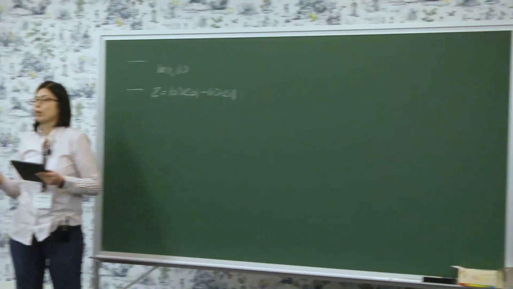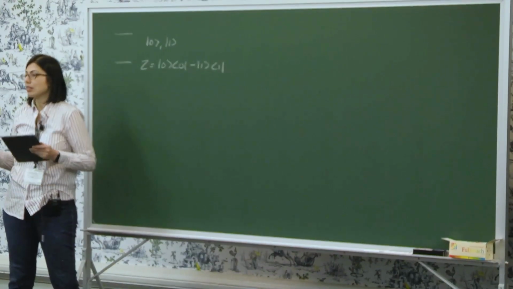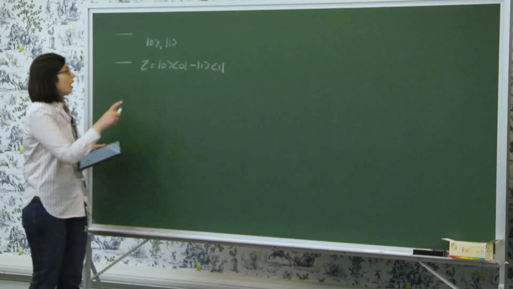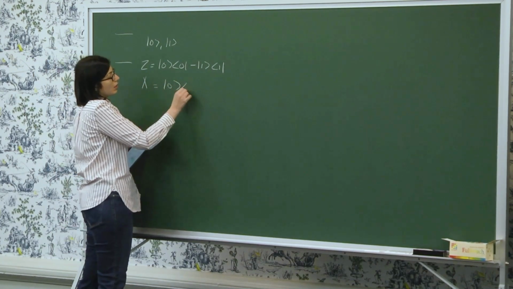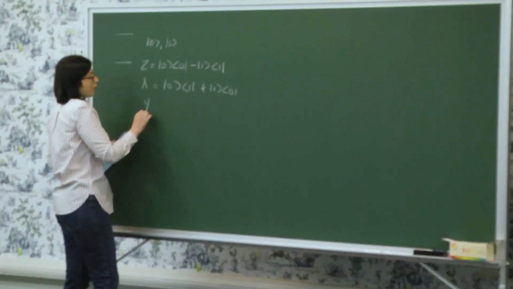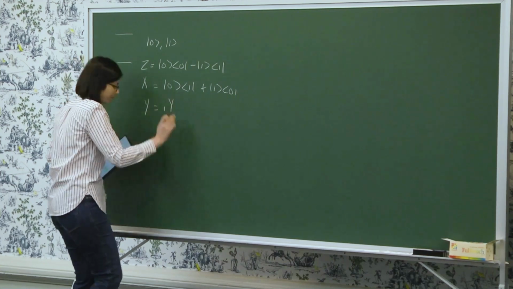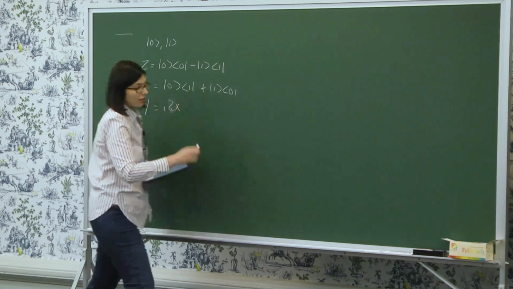If you are not sure whether I'm writing an operator or just a C number, please ask me, but it should be clear from the context. Then you have the X operator, which is 0, 1, plus 1, 0, and then the Y operator, which is just I Z X.